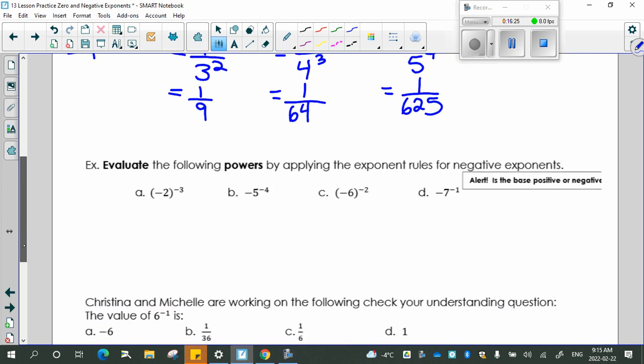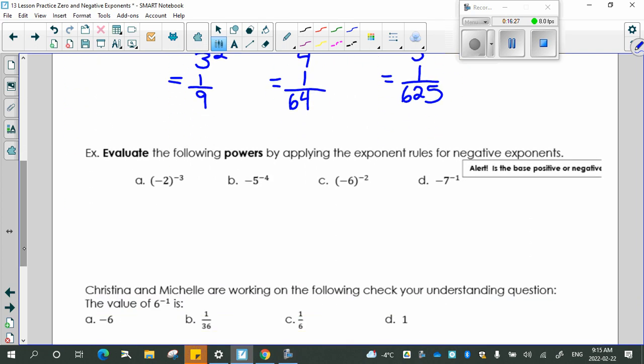All right. Evaluate the following powers by applying the exponent rules for negative exponents. So this is where the negative signs and the bases come to haunt you a bit, but it says alert. Is the base positive or negative? If the base is negative, it moves to the bottom.